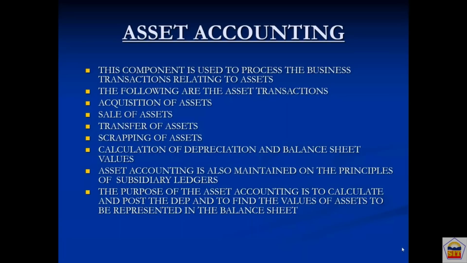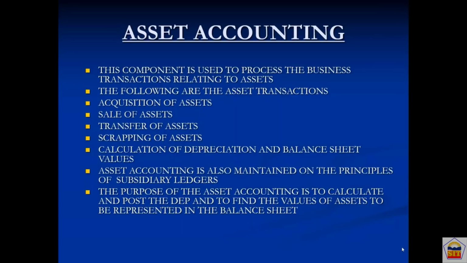The subledger account you create for your assets, and the transactions you do for those assets will go into the respective reconciliation account. That subsidiary ledger functionality we will also see in asset accounting.